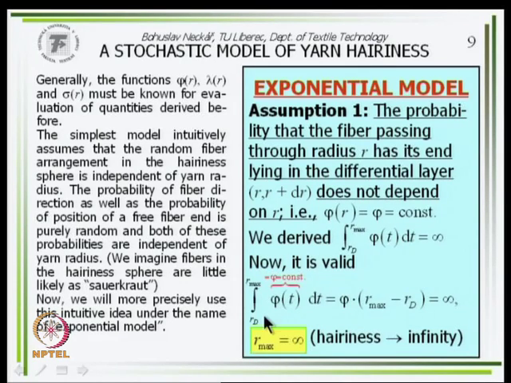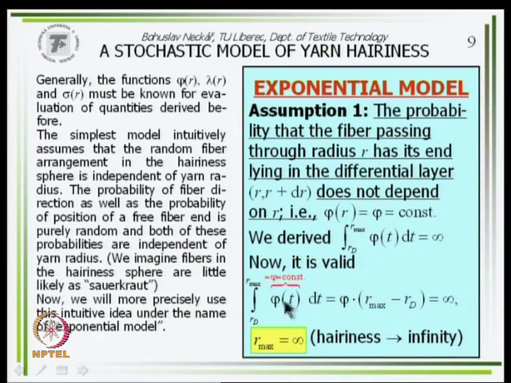Okay. Now what is it? The integral of constant phi dt is phi times r max minus rd, and it must be equal to infinity.